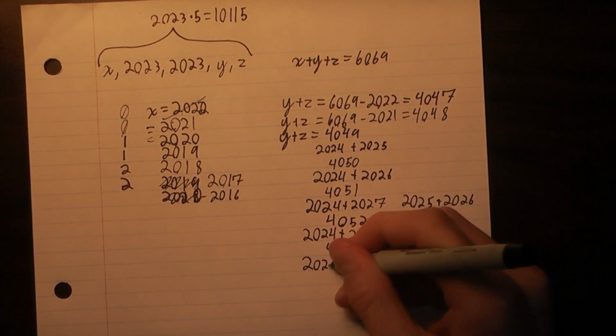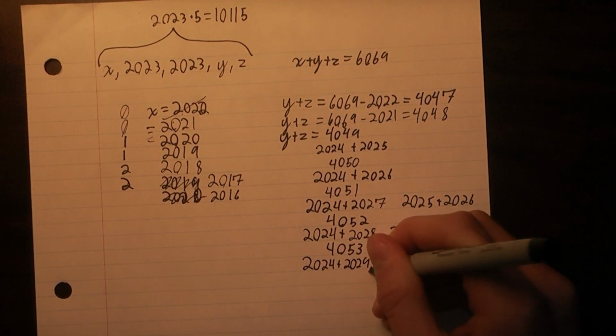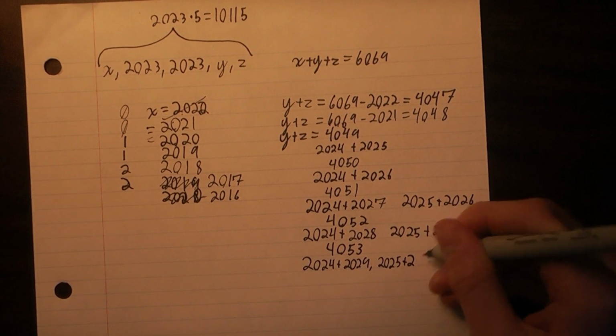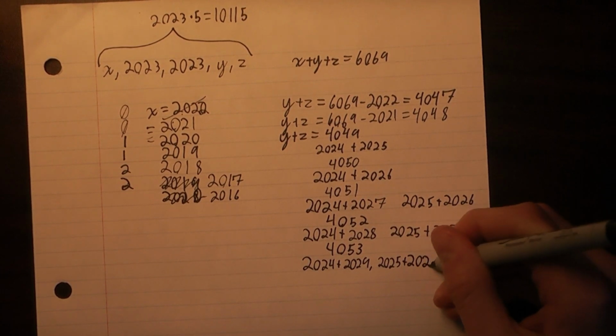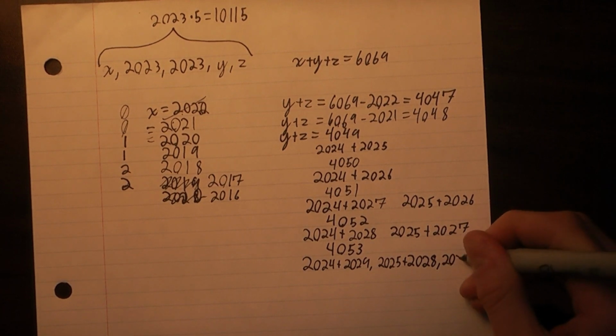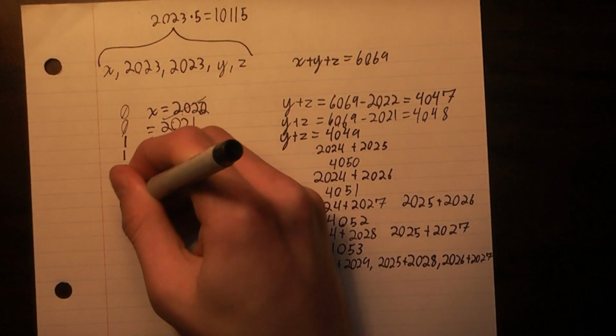This can be made by using 2024 plus 2029, 2025 plus 2028, or 2026 plus 2027. So it has 3.